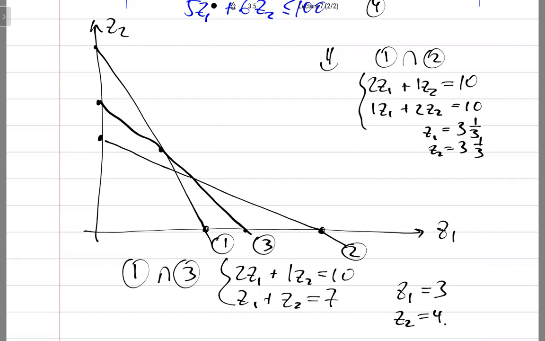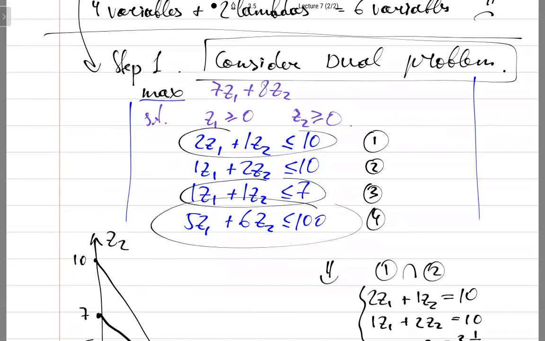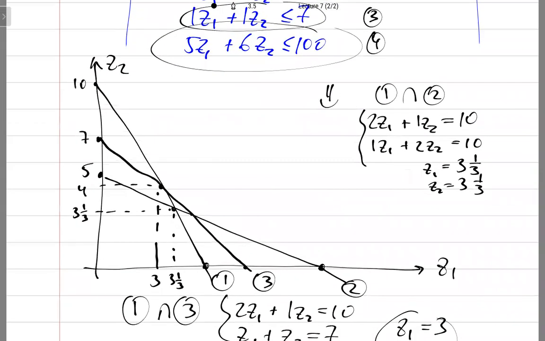Indeed, this is 3, this is 4, this is 5, 10, this is 7, and this is 3 1/3. The last line is very easy. I'm sure that the last one is very far from the origin. The line number 4 is like that, and that is line number 4.